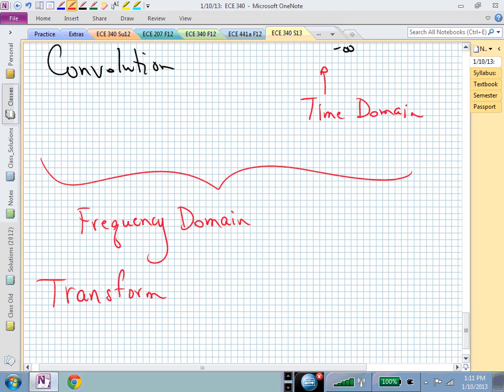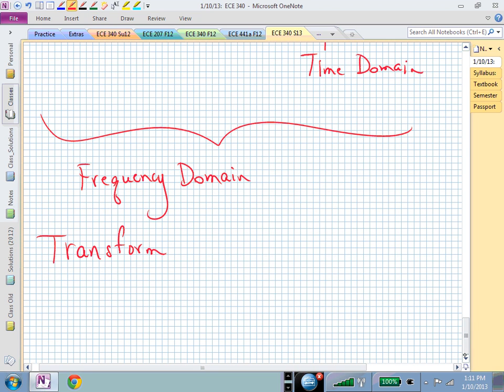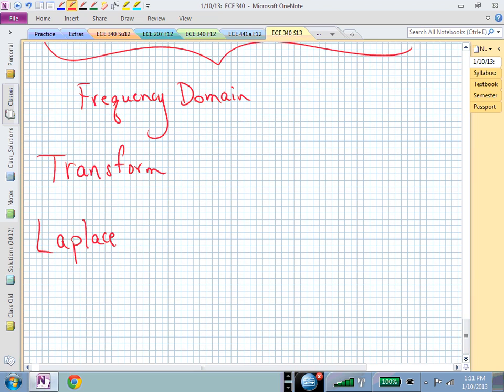If we now transform x of t, what does that produce in the frequency domain? Now we just have to capitalize that x, don't we? In the most generic sense, if we take the Laplace transform, we now simply have this capital X of s.